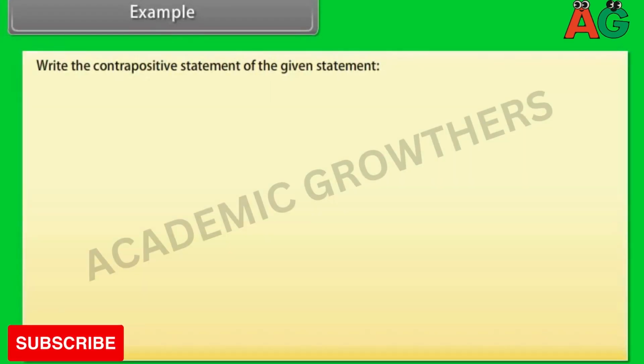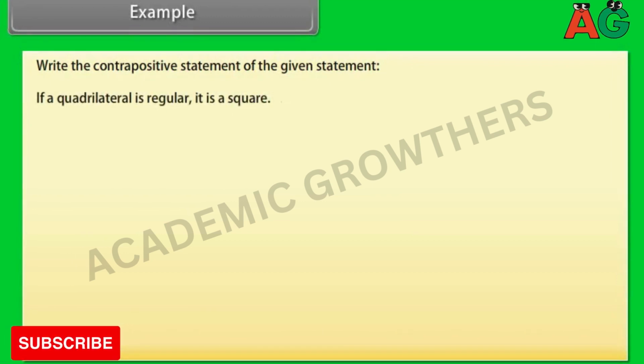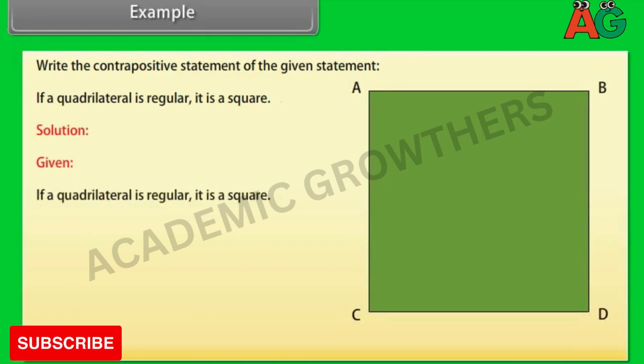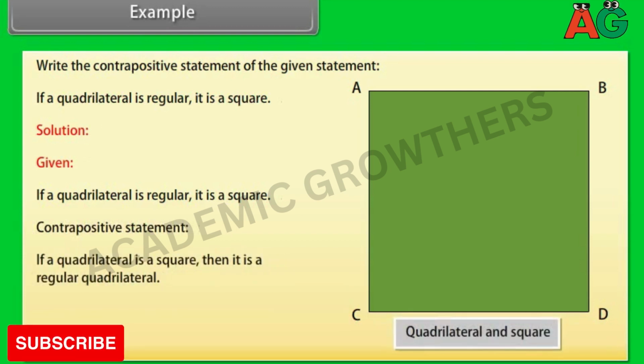Example. Write the contrapositive statement of the given statement. If a quadrilateral is regular, then it is a square. Solution. Given: if a quadrilateral is regular, it is a square. Contrapositive statement: if a quadrilateral is a square, then it is a regular quadrilateral. Example.